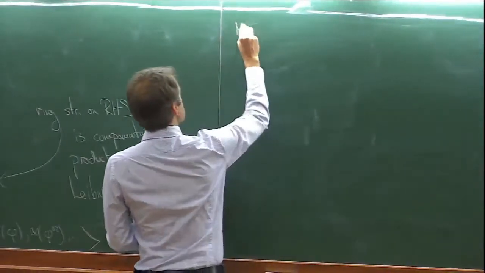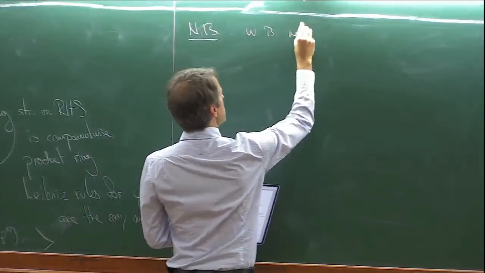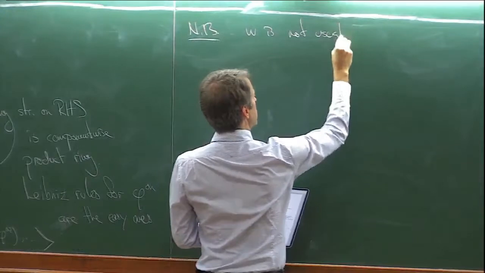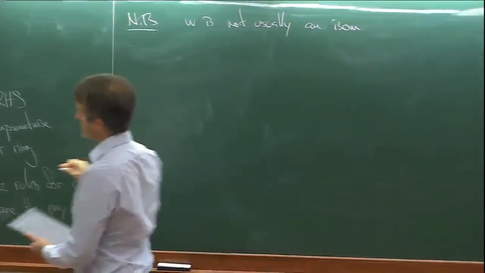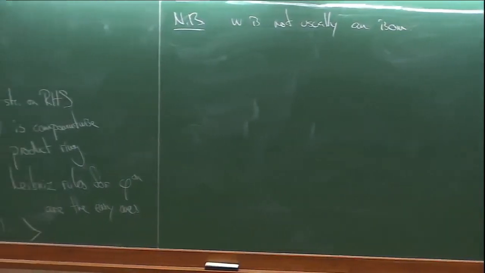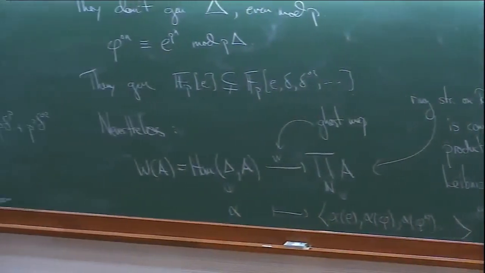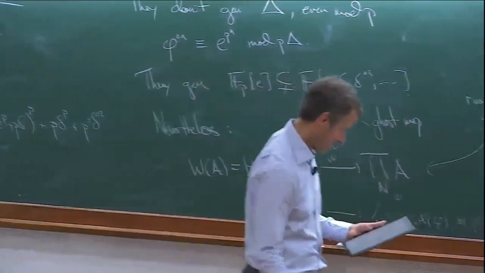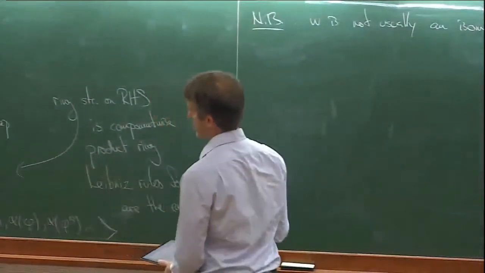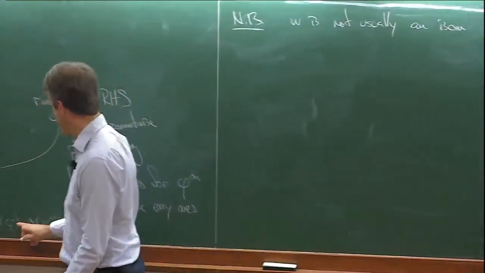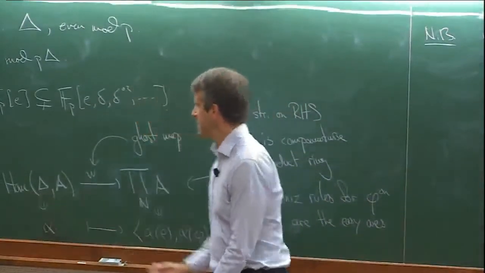But let me emphasize this. W is not usually an isomorphism because the iterates of phi don't generate delta. So they're not a perfect system of coordinates. Okay, let me tell you what this map does in coordinates. You just unpack the relations between the phi operators and whatever coordinate system you're using here.